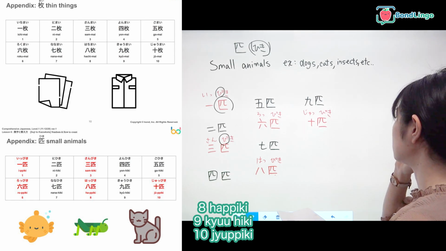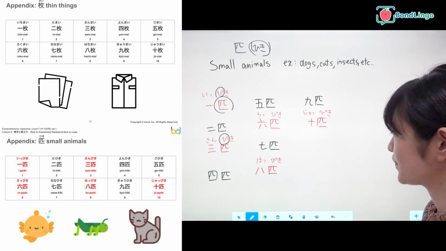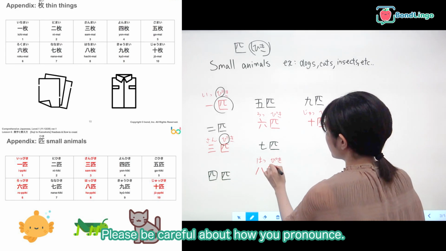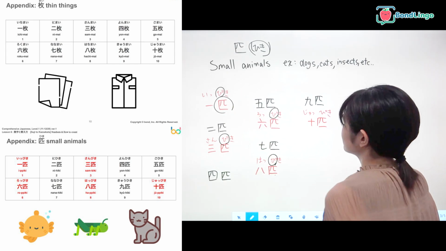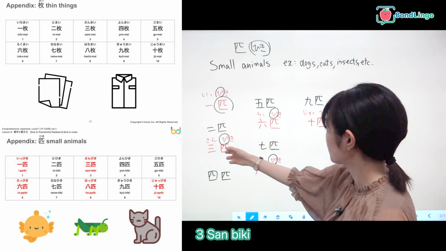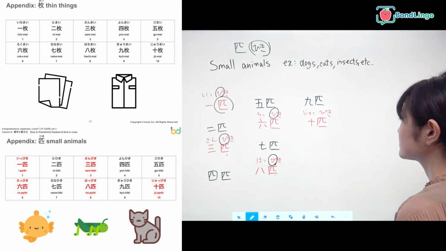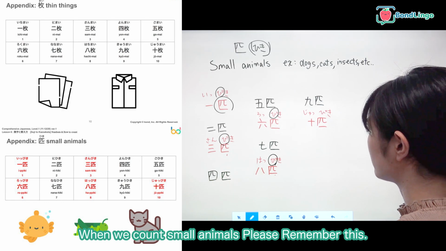And 10, 10匹. Please be careful about how you pronounce piki or hiki. And for 3, it's biki. So when you count small animals, please remember this.